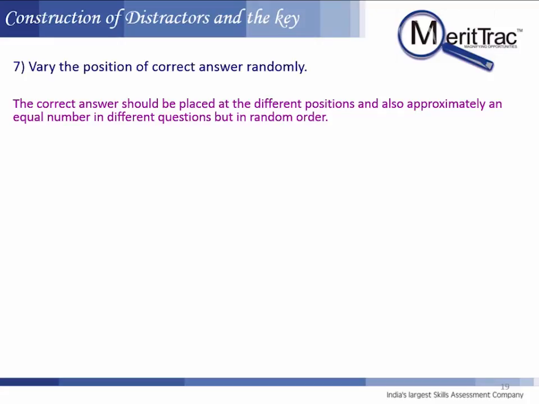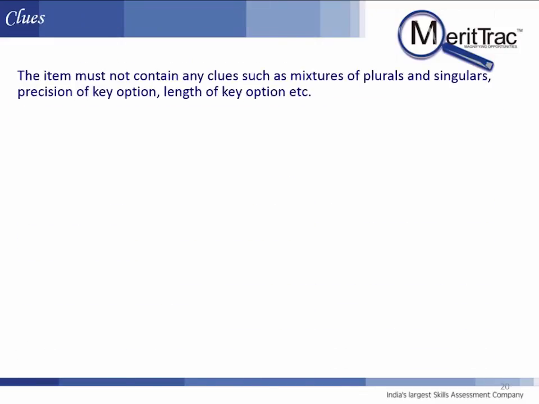So the thumb rule is, if there are 4 options and you have been asked to design 100 items, you make sure that around 25 have position A as the answer, around 25 position B, around 25 position C, around 25 position D. Then even if somebody blindly guesses and there are no negative marks, they can get only 25% of the total score, but not more than that. So we'll move to the next slide.